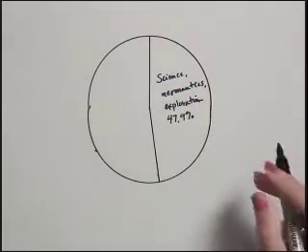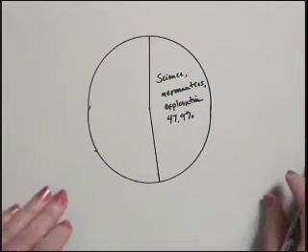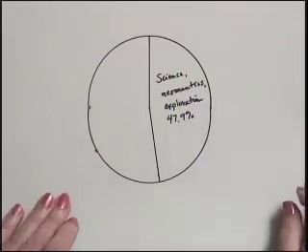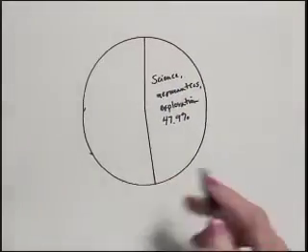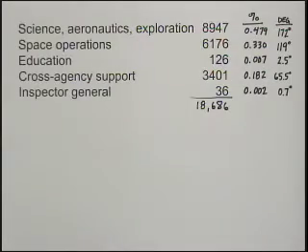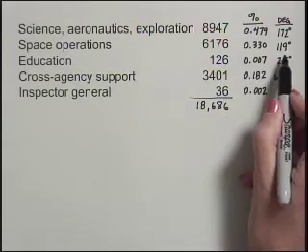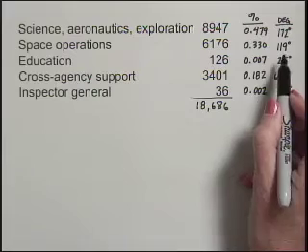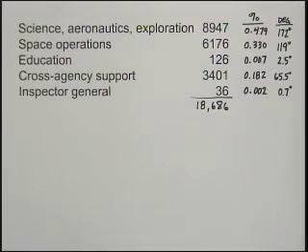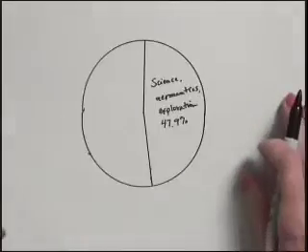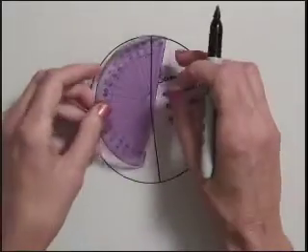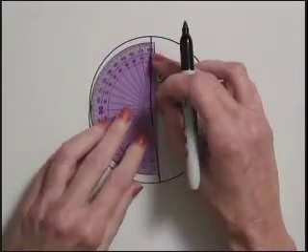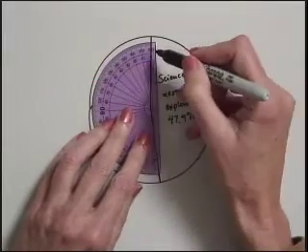Now, one way to work with a pie chart is to now go in the other direction. You can choose what you want to put next to it. Let's just go ahead and look at space operations. We have 119 degrees that we need to work with for space operations. This time I think what I'm going to do is go 119 degrees clockwise.